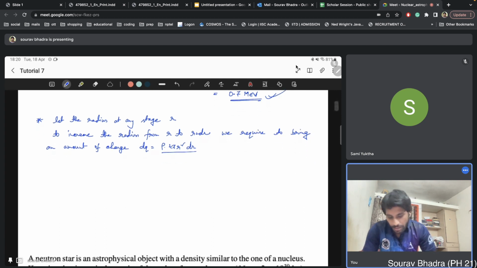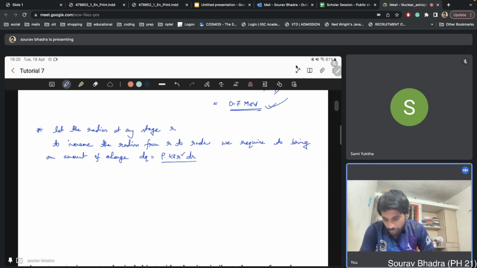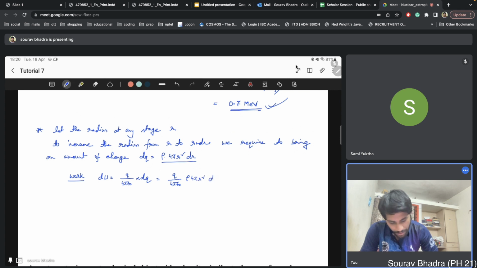Now the amount of charge, so the work required to do this whole process can be written as q by 4 pi epsilon 0 r into dq. Okay, and if you put your dq here, I think you can go through any book and you can understand it.